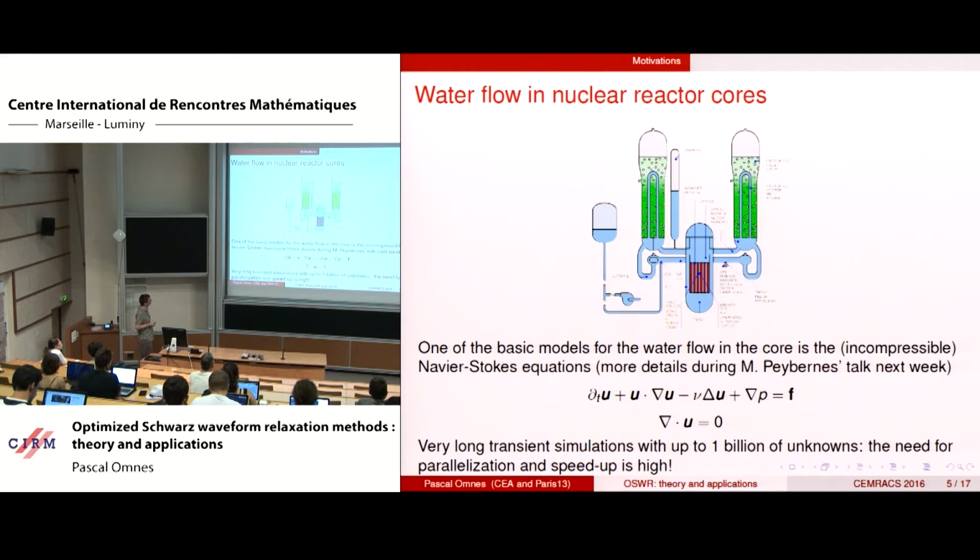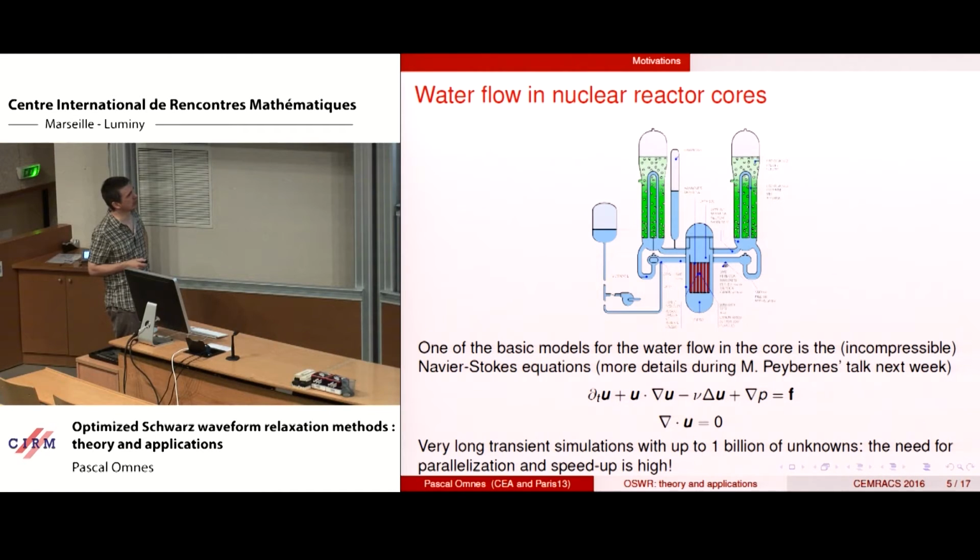And my colleagues compute with different models according to the zone, but they compute the water flow in this region. And I'm particularly interested in the incompressible flow that is around here. Much more details will be given by my colleague Mathieu. He will be talking next week here. So if you're interested in this type of application, just go and watch his talk.